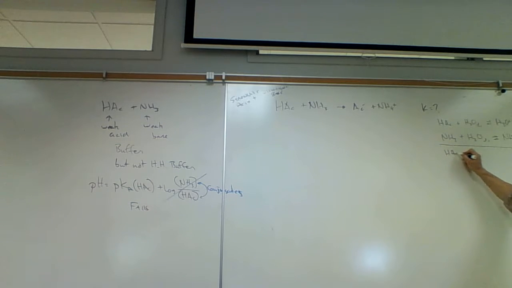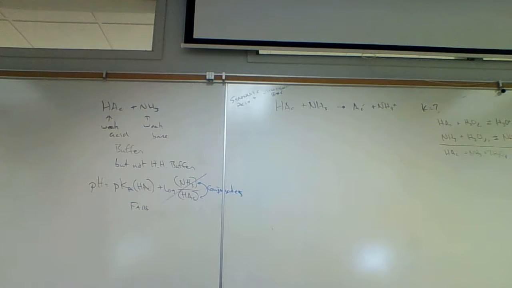Then we're going to get closer, because we're going to get HAc plus ammonia plus 2 waters. This is going to produce hydronium plus acetate plus ammonium plus hydroxide. Still not quite there. We have too much stuff in here. We've got to get rid of the waters, and we've got to get rid of the hydronium and hydroxide.